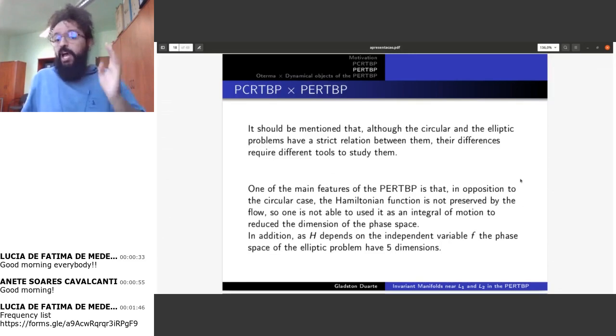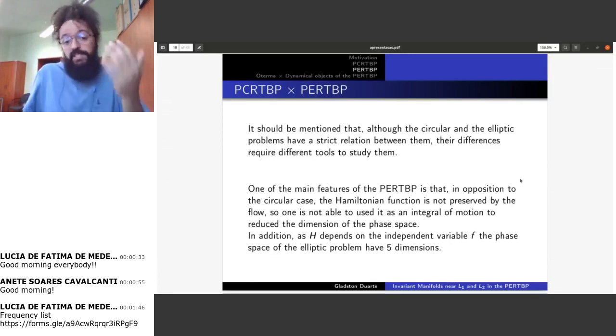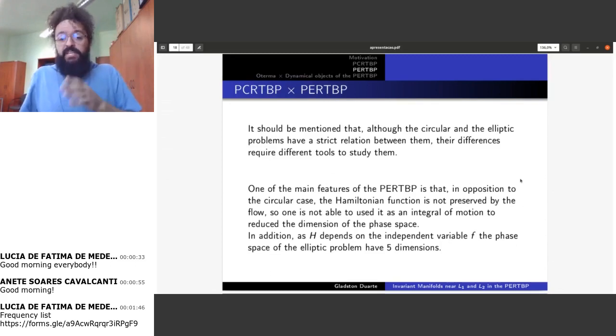The energy is preserved, it's constant along the orbit, so we might reduce to 3-dimensional submanifolds, and the analysis is easier. But now for the elliptic, it's not possible anymore, and we have a full 5-dimensional phase space, and we should handle it.